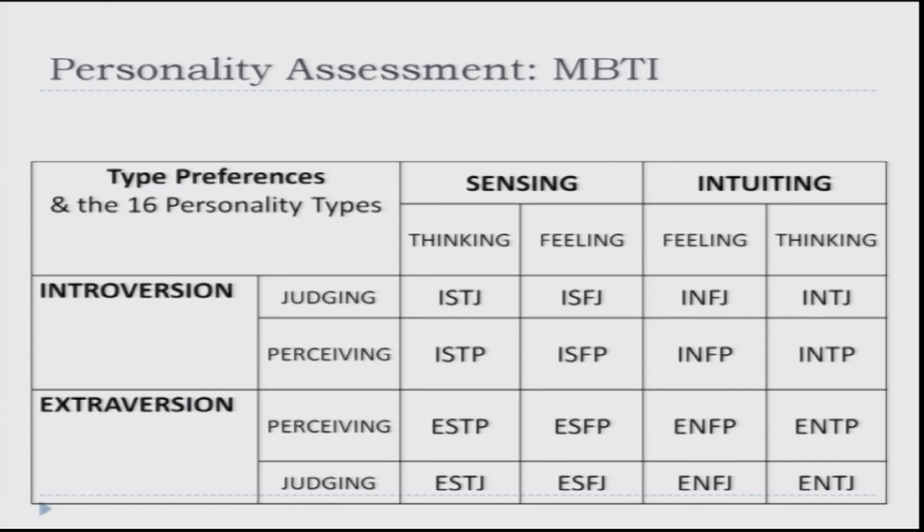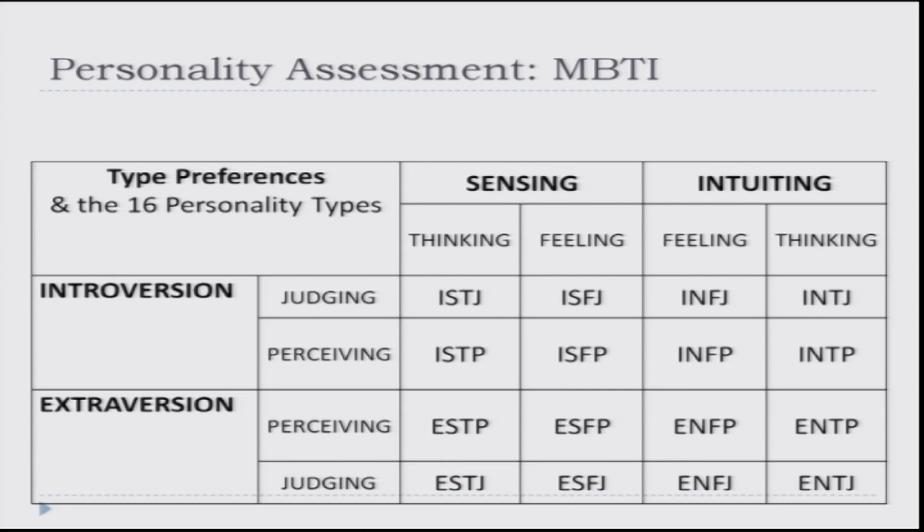So, the first row gives you 4 outcomes, then you have another 4, so 8, and again 4 and again 4. So, 4 4s finally come to 16. So, 16 different personality types can come out of MBTI when you are looking only at the type preference.